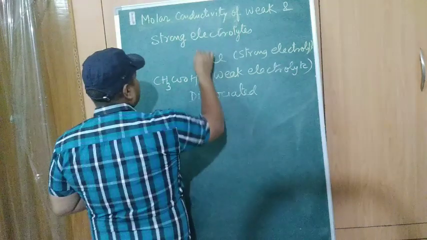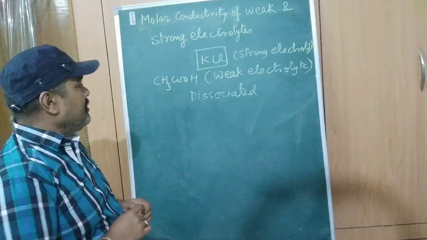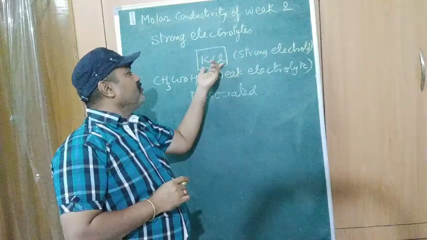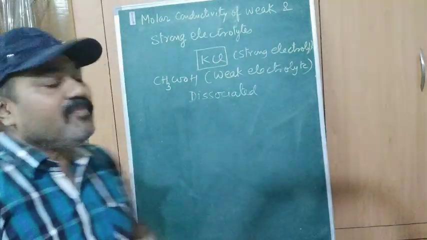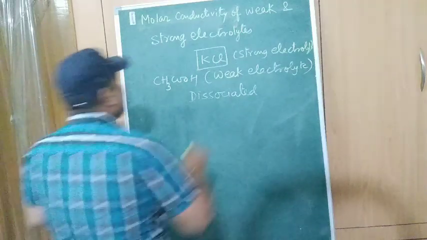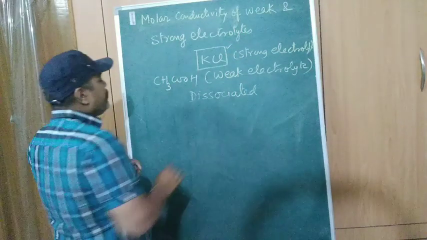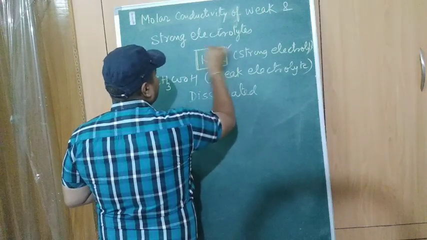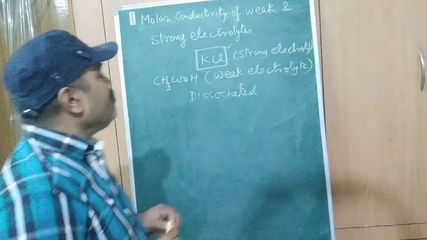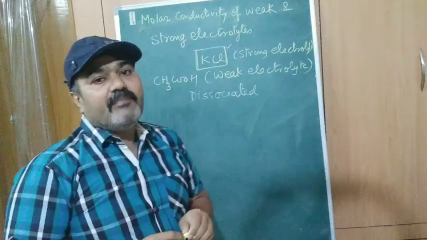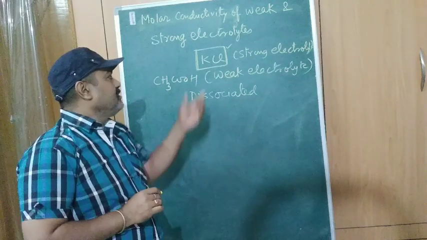First we consider a strong electrolyte, potassium chloride, and we very well know that strong electrolytes are almost 100% ionized at any concentration. So when the solution of the strong electrolyte is diluted, there is no more effect upon the molar conductivity.